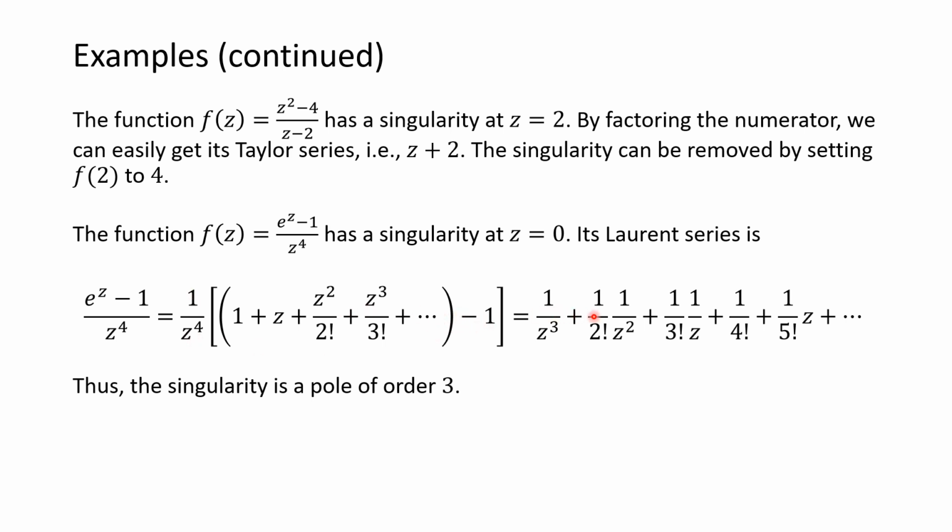And you see here we do get some terms in the Laurent expansion that are non-zero. The biggest one is here, basically coefficient c minus 3, and everything beyond that, the coefficients, is equal to 0. And so the singularity is a pole of order 3.